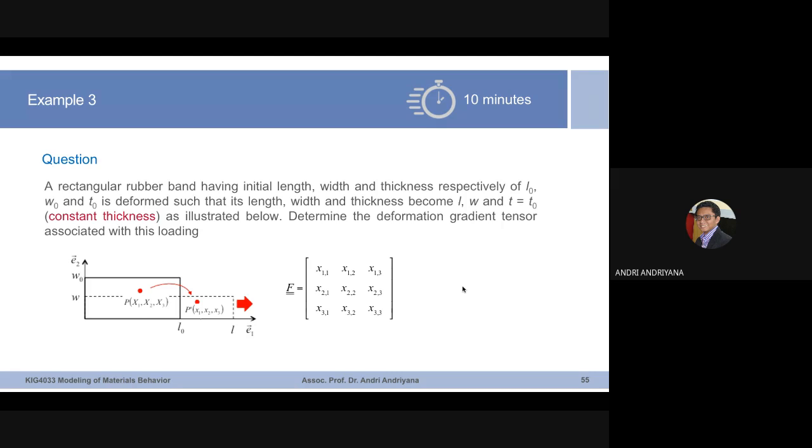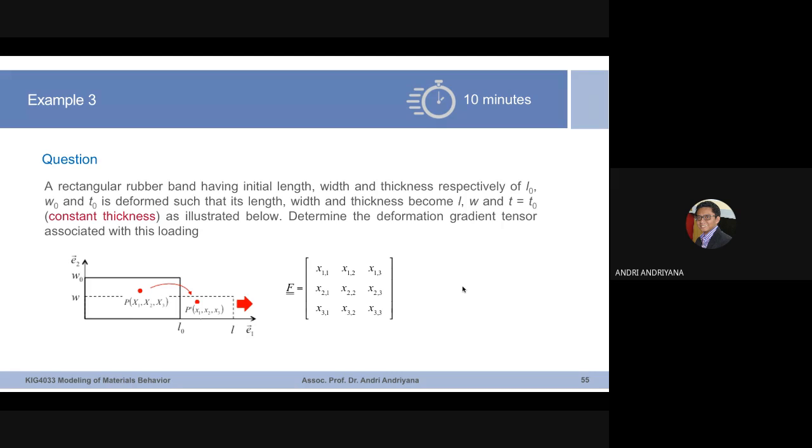It is deformed such that the length changes to become L, and the width to W, while maintaining constant thickness, T equal to T0. So this is a specific deformation requirement for this case. Okay, the length increases, the width decreases, but the thickness remains constant. Okay, so determine the deformation gradient tensor associated with this kind of loading.